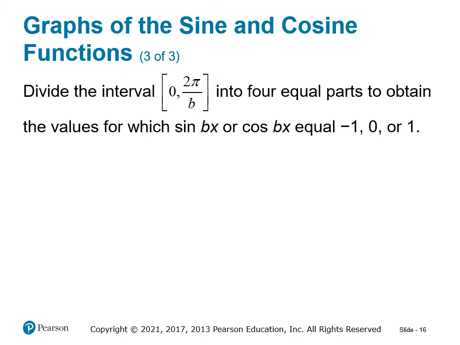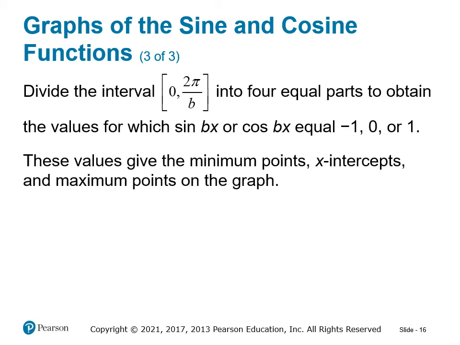So we want to look at the interval from 0 to whatever this new endpoint is, which is 2 pi over b. This is the new period. And then divide this into 4 equal parts to obtain the values for sine bx or cosine bx that are equal to -1, 0, or 1.